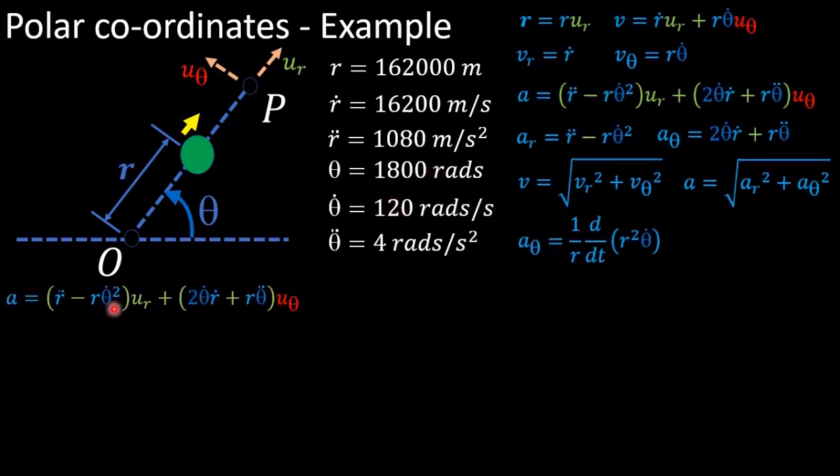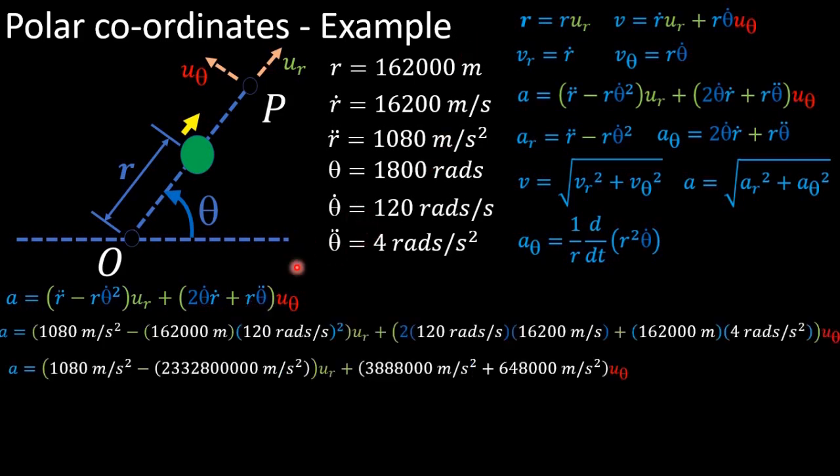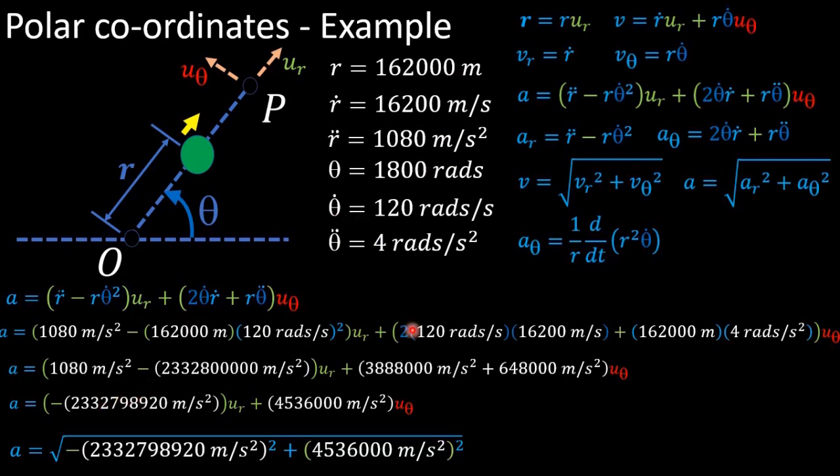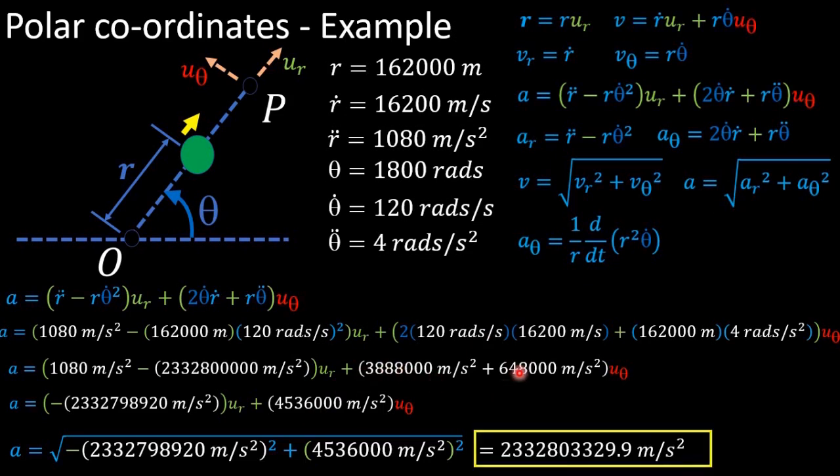Now to find acceleration, I take this term and put it down here, and again substitute all my numbers in: r double dot, r, theta dot, r dot, and theta double dot. I simplify that down, then apply Pythagoras, and I get this for my acceleration.